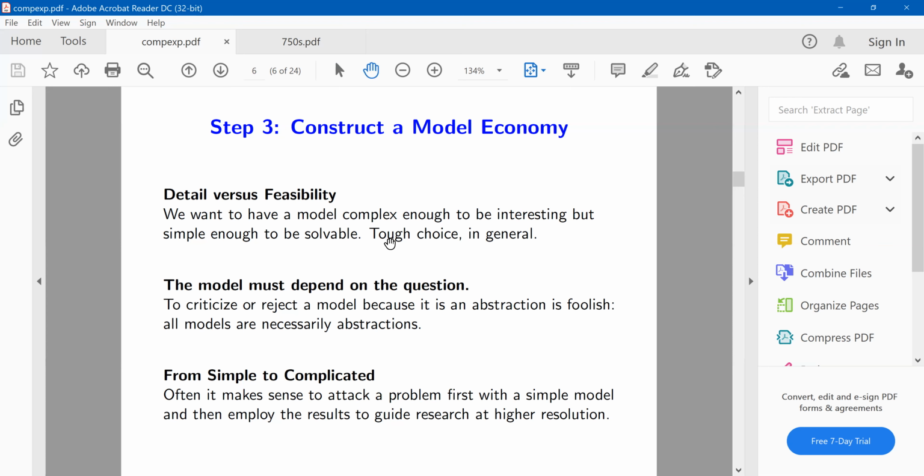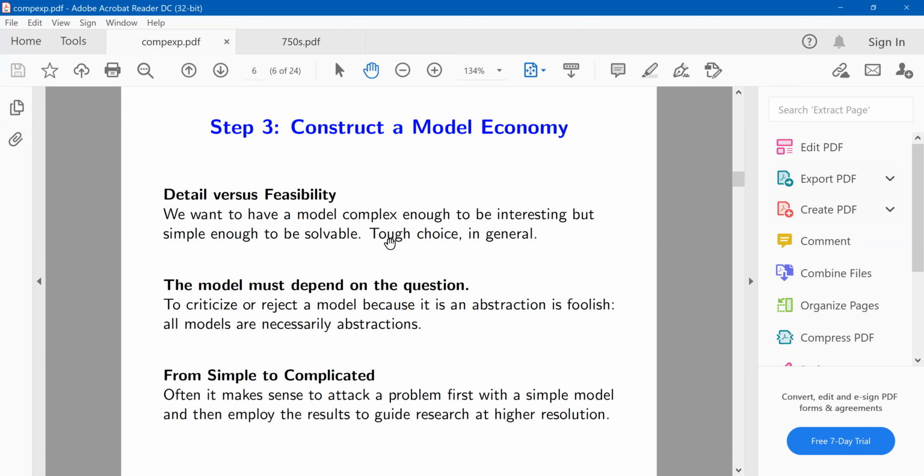So it is usually not very illuminating to criticize a model because it is an abstraction, right? Of course, a model is an abstraction. The important thing is whether the crucial assumptions are realistic enough, okay? No model can completely imitate reality, right?